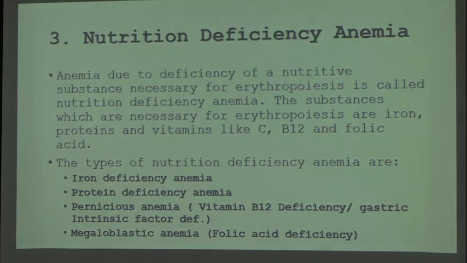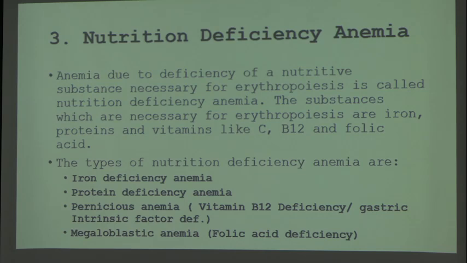Okay, now hemolytic anemia we discussed. Now we will discuss nutritional deficiency anemia. Yesterday in our last class we discussed the role of gastric mucosa.